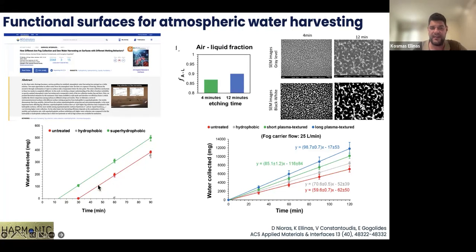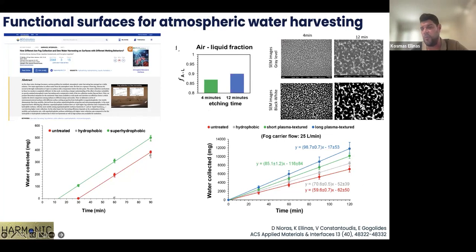Here you can see that the untreated surface follows this line, and the super hydrophobic one follows this line, collecting much more water compared to the untreated one. If we now go, this is the measurement about dew. So from the water collected using a phase change phenomenon, and includes nucleation of the water on the surface and then collecting it.